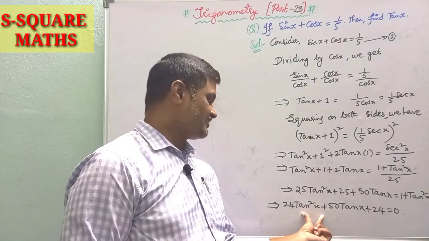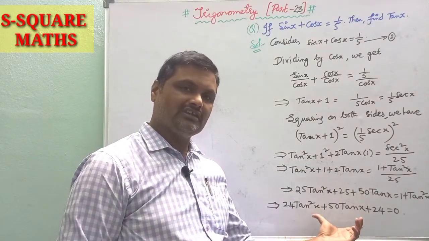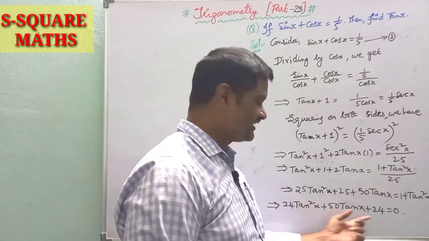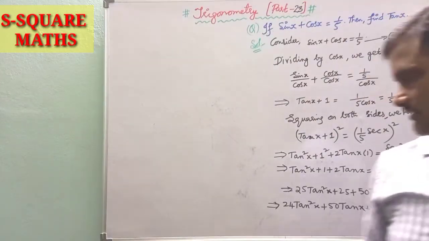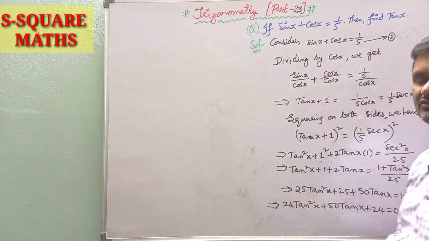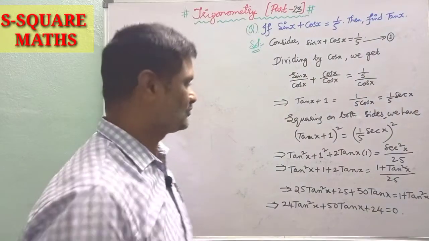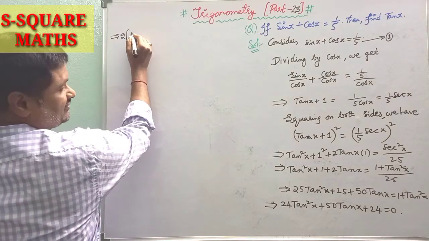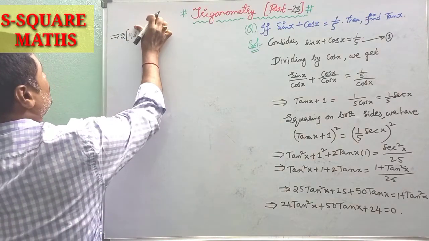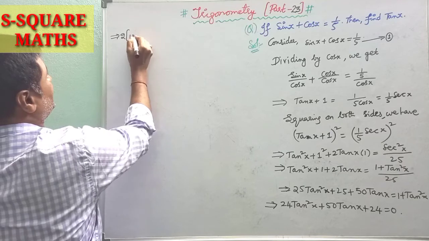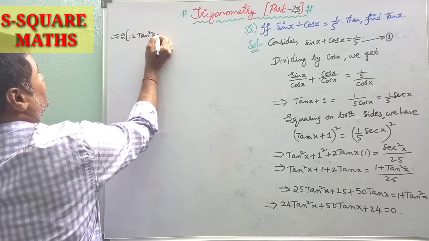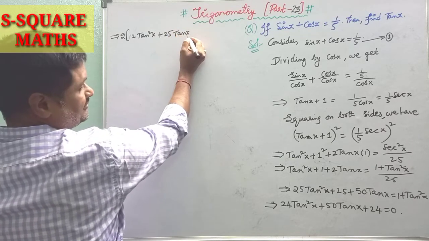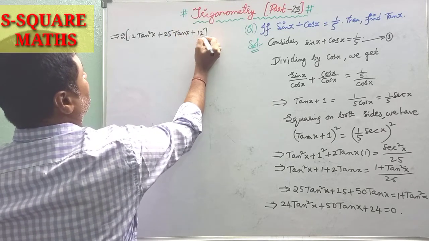If tan x is equal to k, we can proceed, or we can do it directly. Before doing that, if you observe carefully, in the three terms you have multiples of 2 in each and every term, taking 2 as common. So this implies 2 of 12 tan square x plus 25 tan x plus 12 is equal to 0.